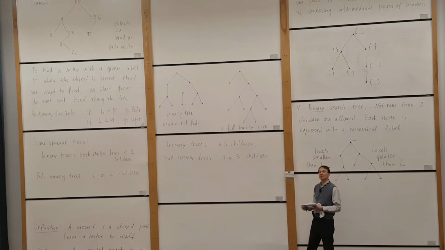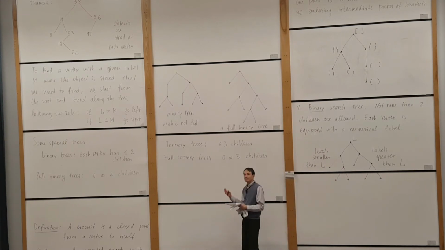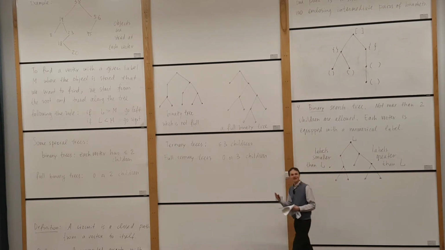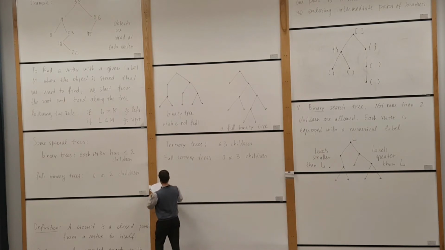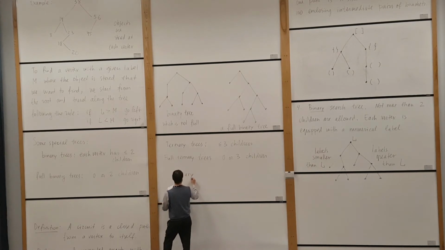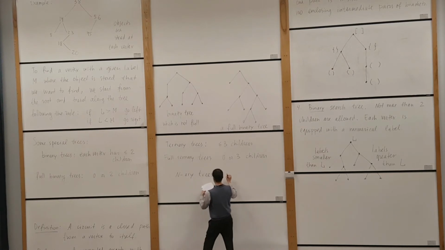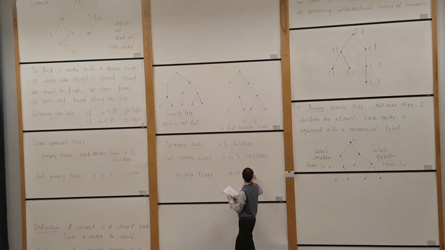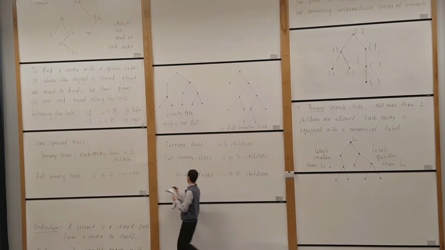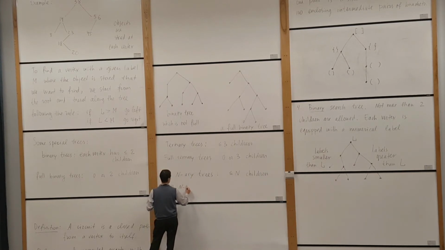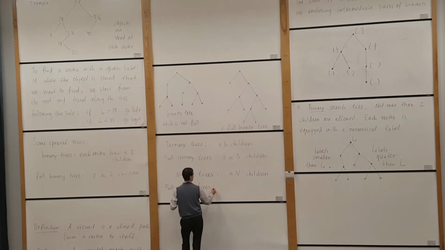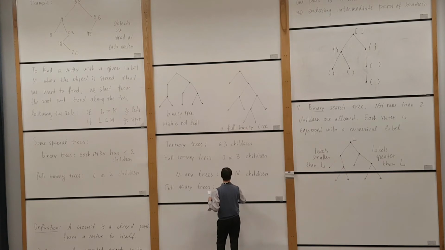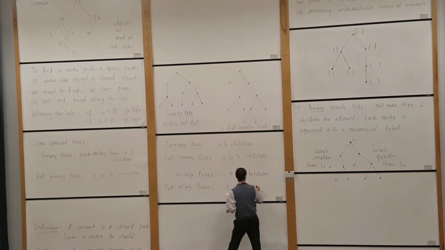Quaternary is the name for less or equal than 4 children. And I don't know, maybe there's something Latin, but I will simply say n-ary trees, for which every vertex has less or equal than n children, and full n-ary trees, where each vertex has 0 or exactly n children.